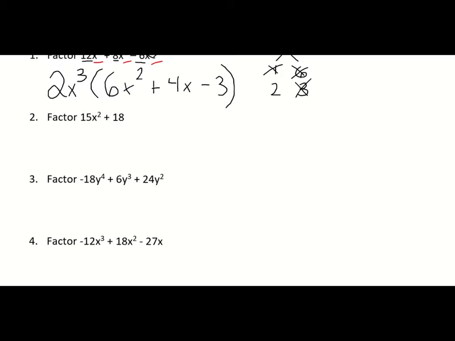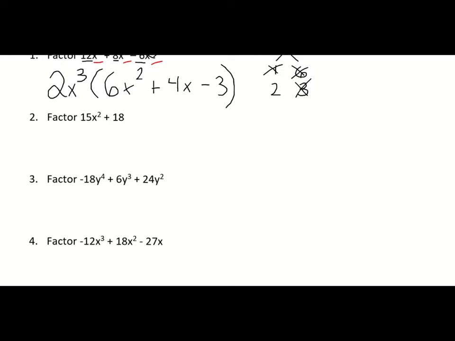And once you write your answer, multiply it back out to make sure it is what you started with. 3 times 5 is 15, and I wrote the x squared, plus 3 times 6 is 18. So since it multiplies back out to our original question, pretty positive we are correct.